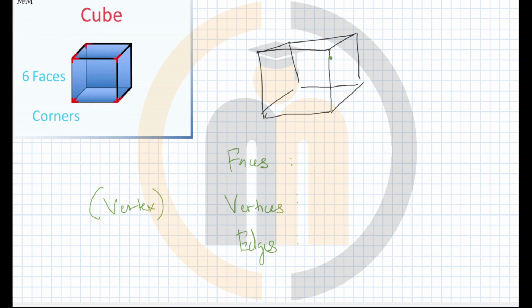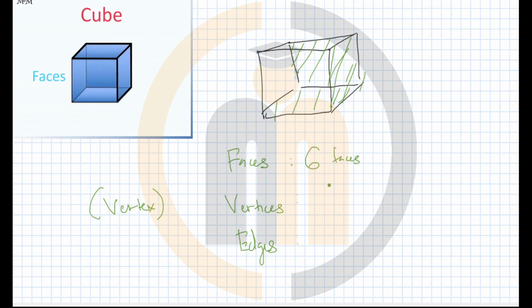Faces means the front or the sides of the object that you can see or touch. For example, this is one face. The back here is another one. 1, 2, 3. The bottom is 4, 5, 6. So a cube and a cuboid have 6 faces.